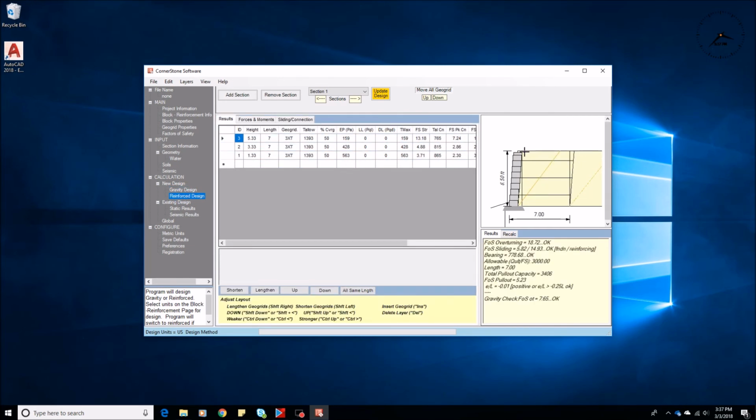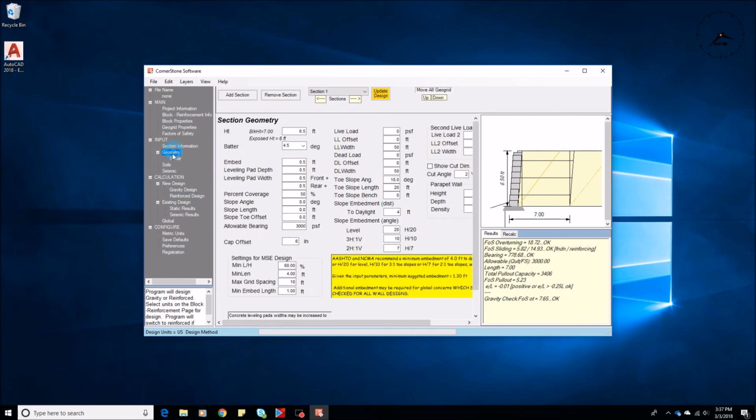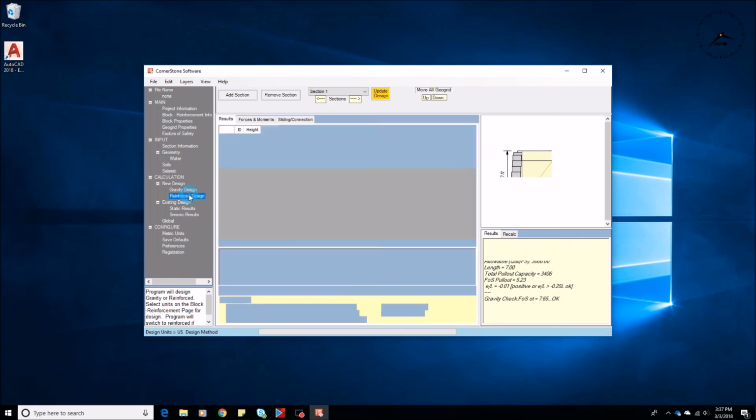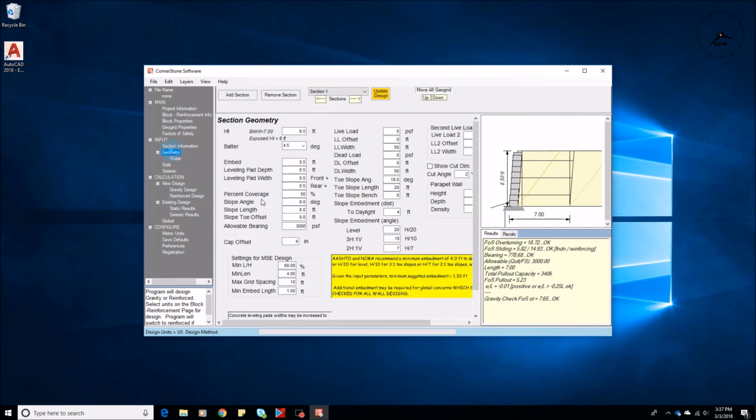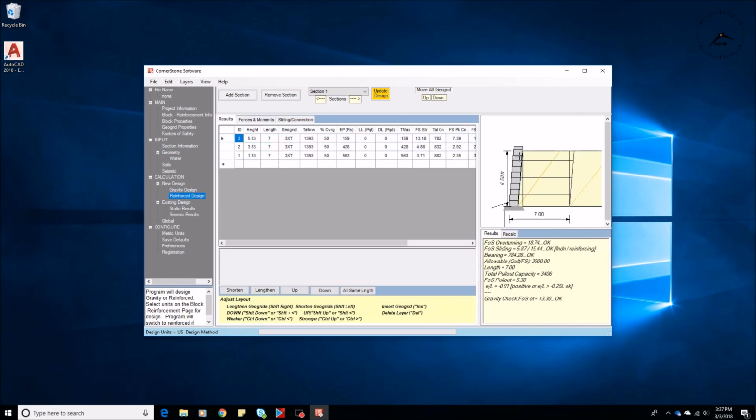What it does is it lets the soil extend beyond the top by that cap offset distance of 6 inches, 4 inches. If we come back and we say, yeah, my default is 1 inch, it's going to throw some more blocks on top. So that's the option to play with how much block you've got setting above grade.